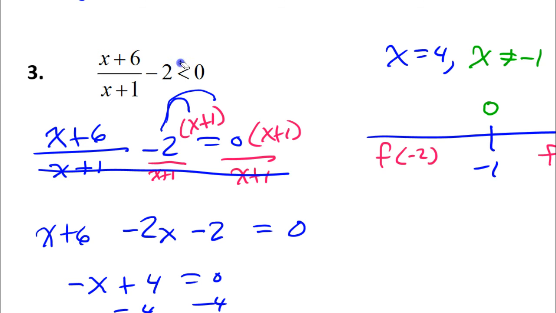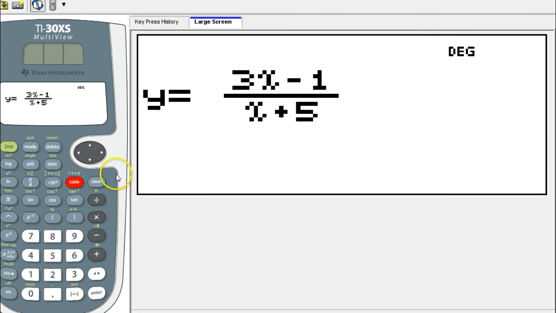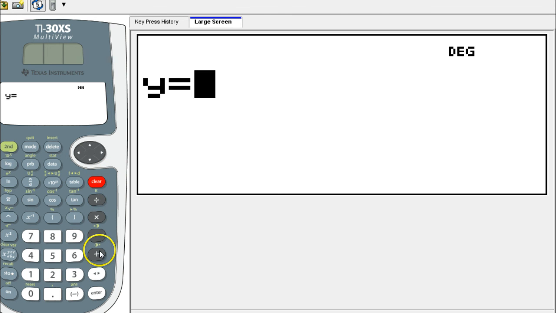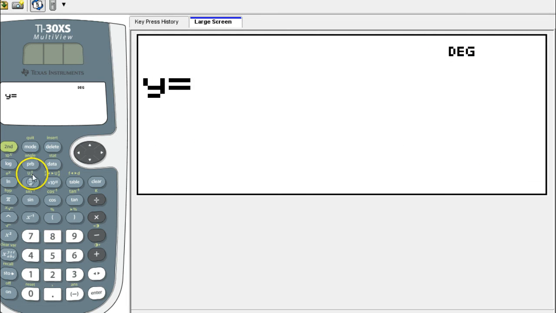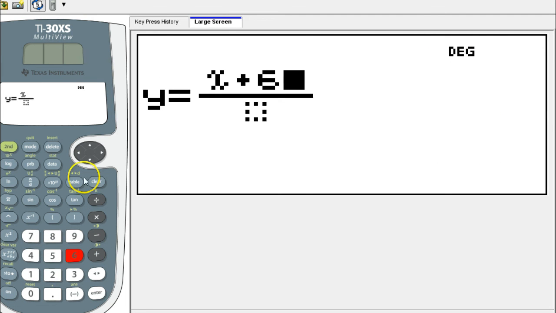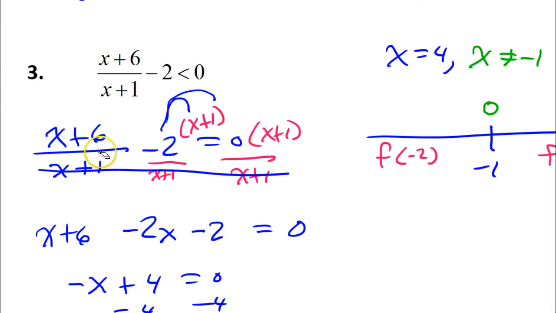Okay, I'm going to use my calculator to help me out. So x plus 6 over x plus 1. All right. Have your answer to the next one, number 4, on your board by the time I finish doing this.